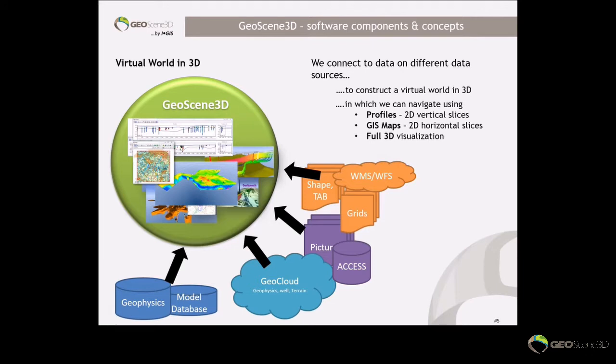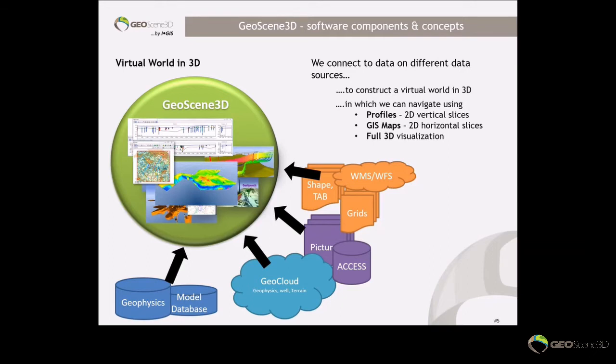Looking at GeoScene3D, the main concept is this virtual world that you are to create. The base of it is taking all your data and putting it into this virtual world, where you construct a 3D world, making you able to navigate, inspect, and based on that, act on data the best way in reality.